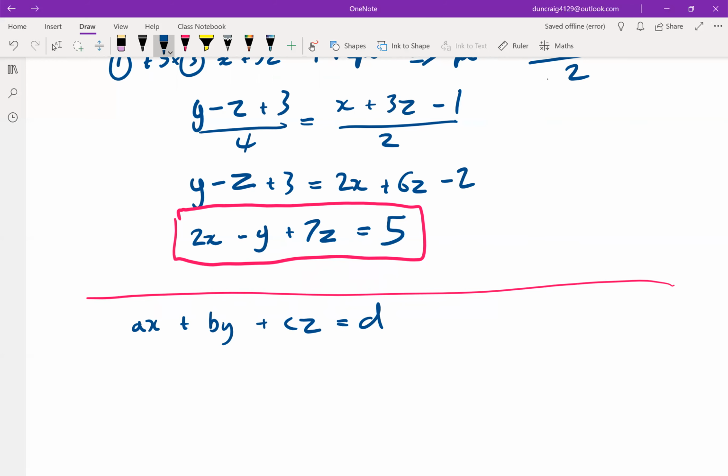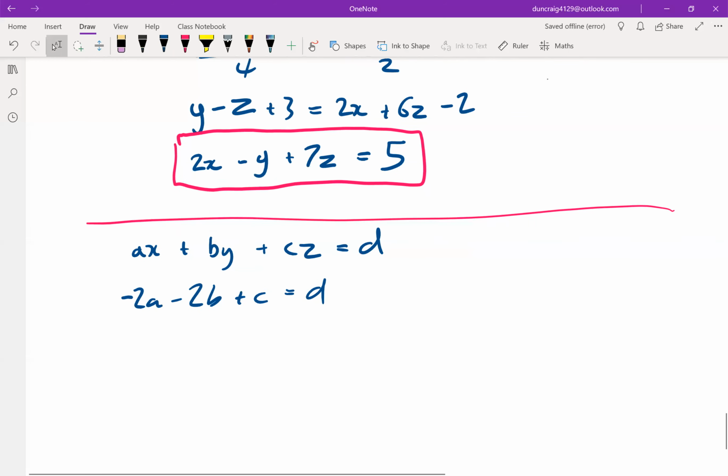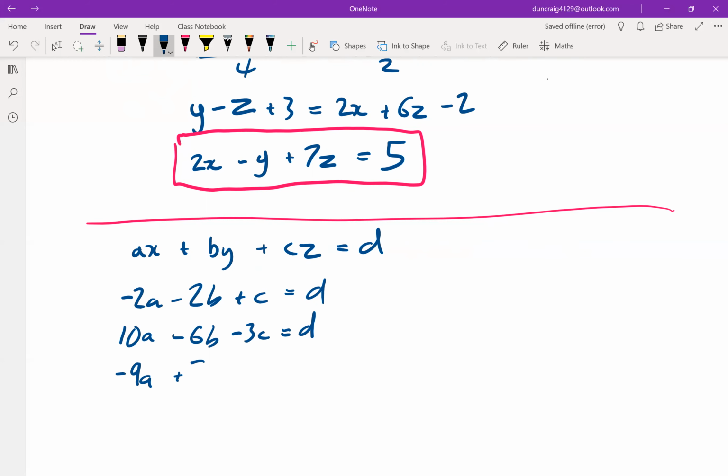So each of those points would give us minus 2a take 2b plus c is equal to d. Our second point would give us 10a take 6b take 3c is equal to d. And our third one, 9a plus 5b plus 4c is equal to d.